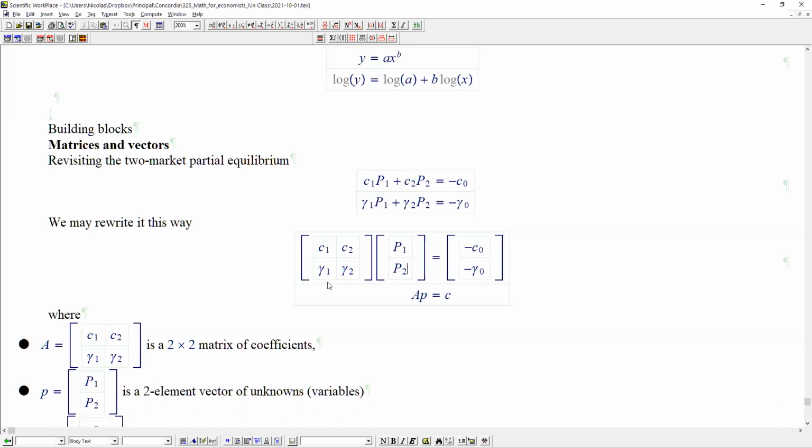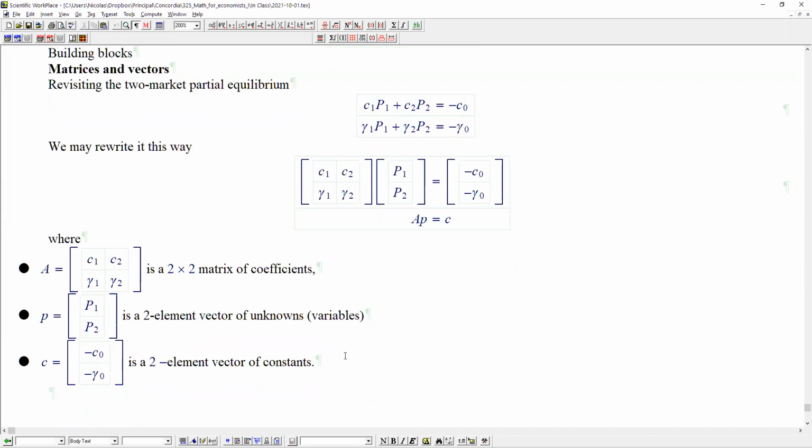Here we have 2 rows and 2 columns, so this is a 2 by 2 matrix. It's like a matrix 1 by 2 and a matrix 2 by 1. So that's one thing too: we always state the number of rows first and then the number of columns. All right.